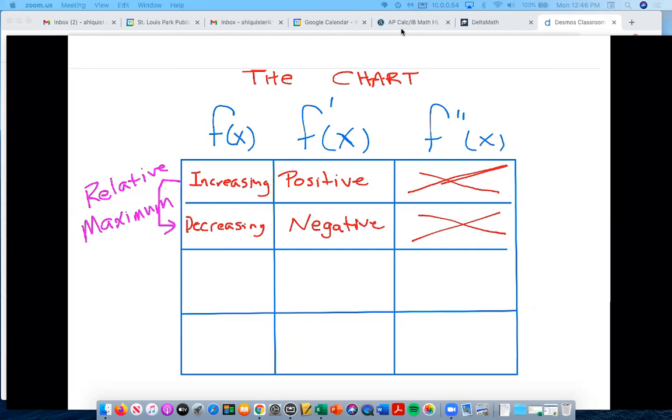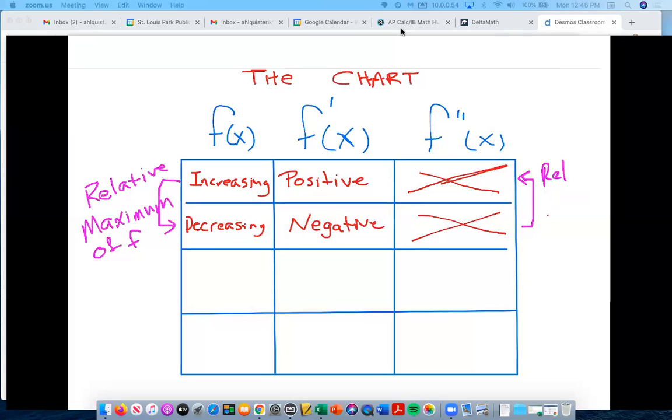Now, if you go the other way, so if you go from the second line to the first line, and this is a relative maximum of F. This one is a relative maximum or minimum, sorry.